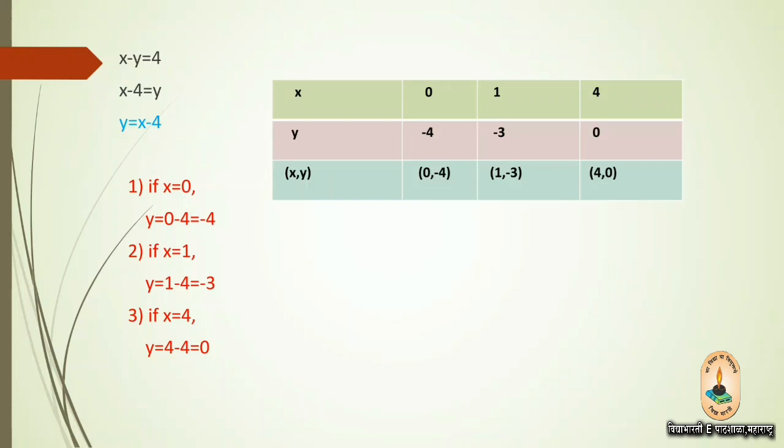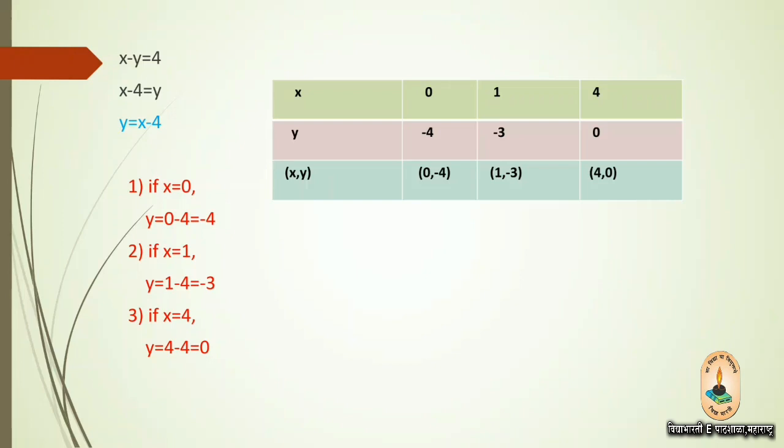For x equal to 4, y is 0 and the order pair is 4, 0. In this way, we find three order pairs for the second equation x minus y equal to 4.